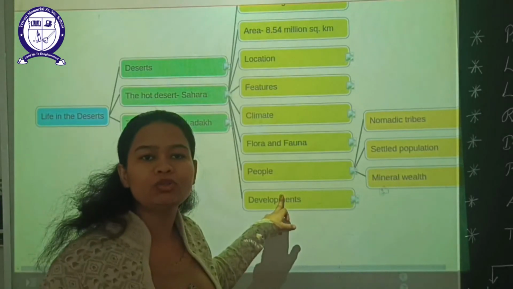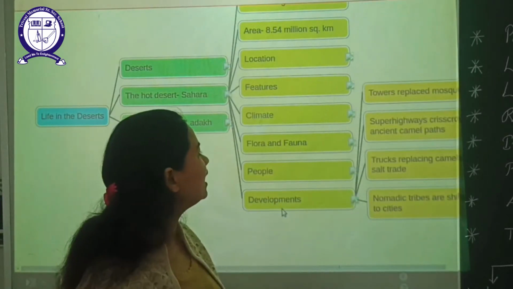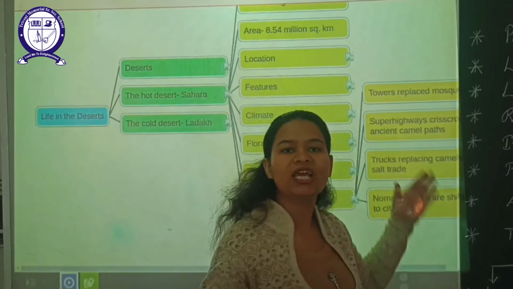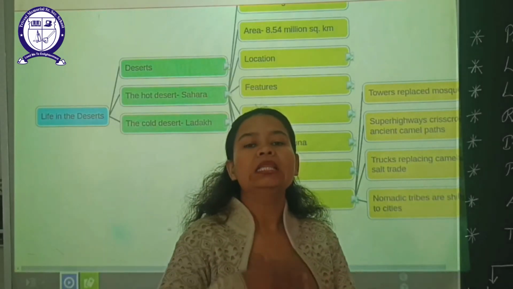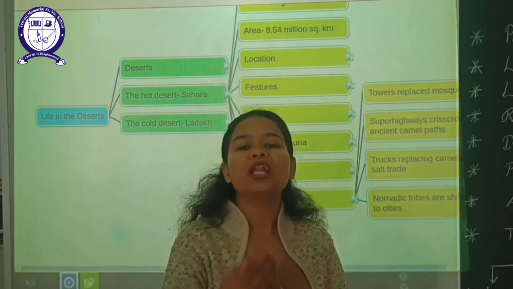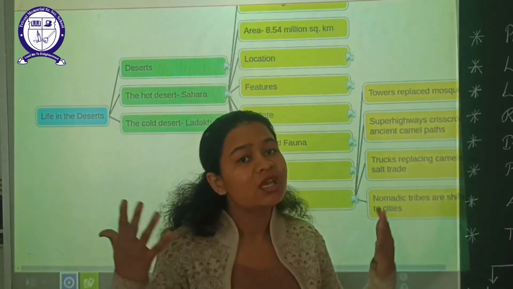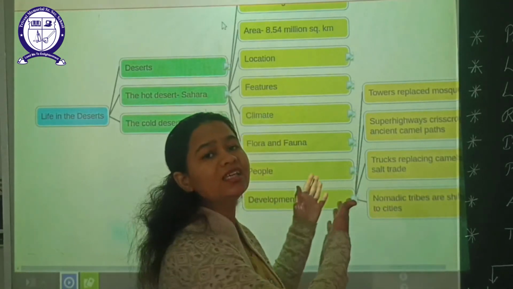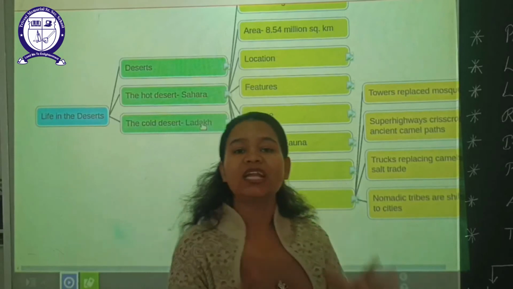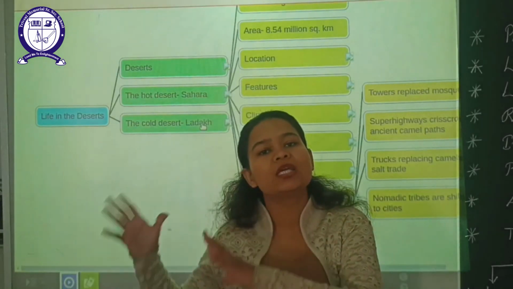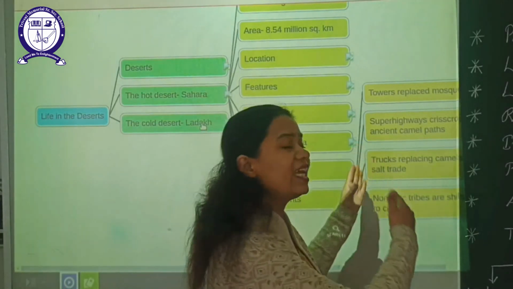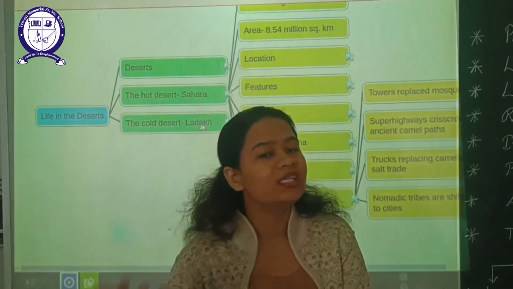Now if we talk about developments, in the past few years we observe that development or modernization is taking place in these deserts, in the Sahara desert also. The traditional things are replaced by modern ones. The camels are replaced by trucks.